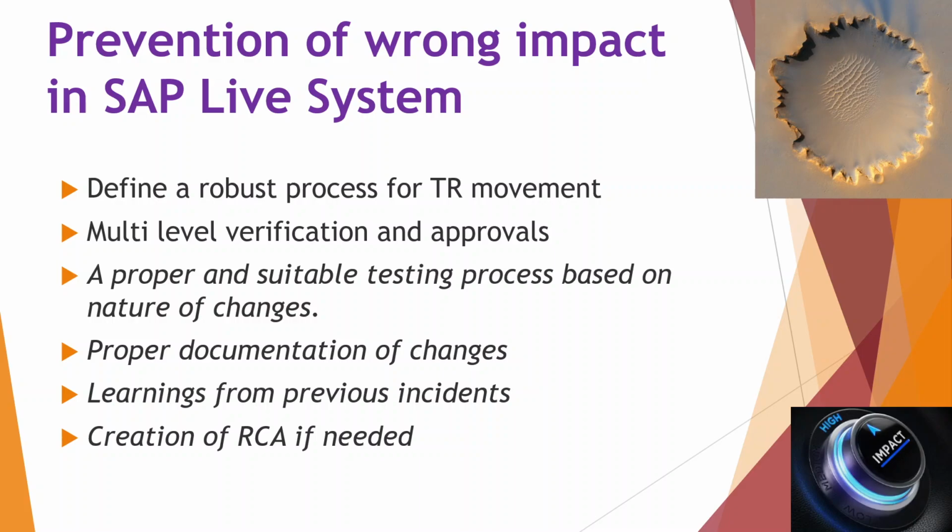All these things will be included in your RCA document. The RCA document is not a joke, it is a very, very important document from the business point of view. It goes into the audit as well, just to let you know. So, for prevention of wrong impact in the SAP system, if you take care of all these above steps, it will ensure that your system is running optimally most of the time.